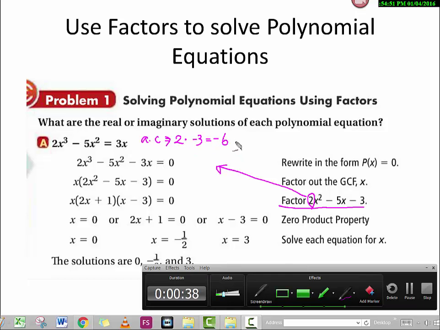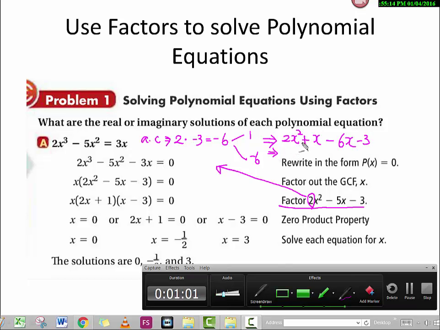So we have to use the sum of the factors. In this case, we're going to use 1 and negative 6, because you end up getting negative 5 right here. So we're going to write it like this: 2x squared plus x minus 6x minus 3.